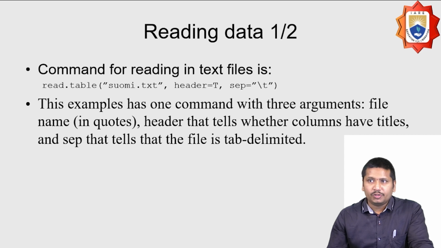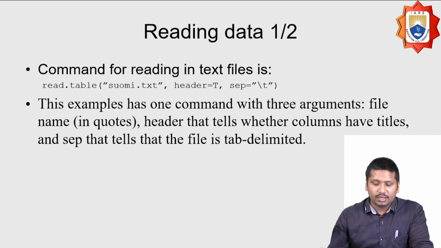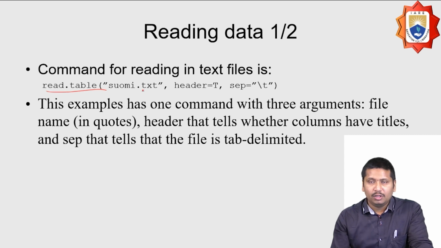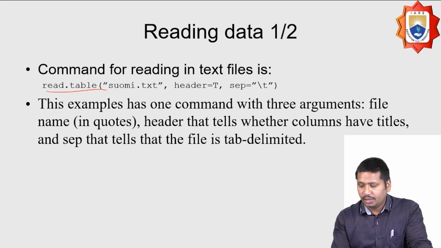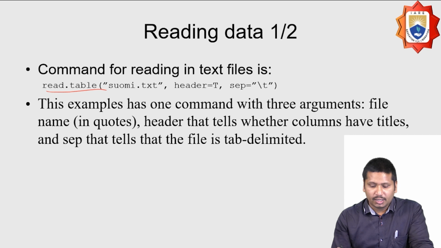Then next we're going to see how to read and write the data here. The command for reading the data in a text file is read dot table, for example read dot table of some dot text, header equal to T, and sep equal to backslash t. So this is an example of one command with the arguments.